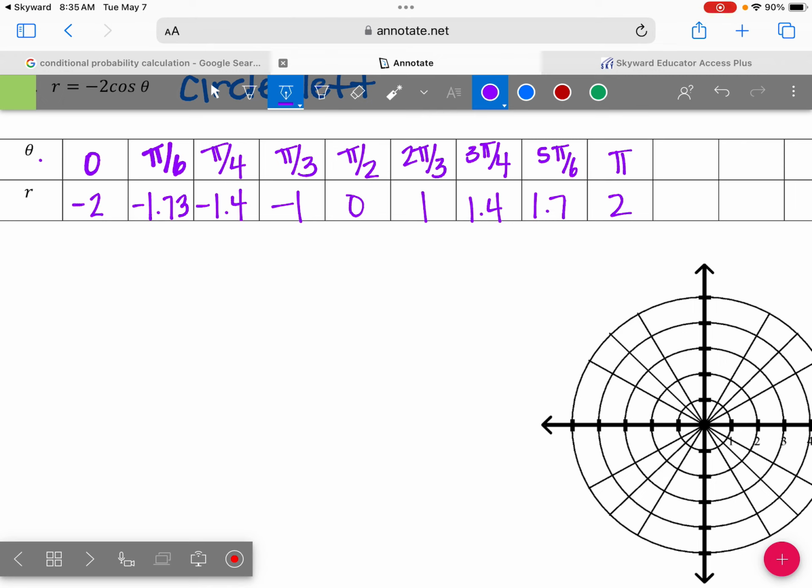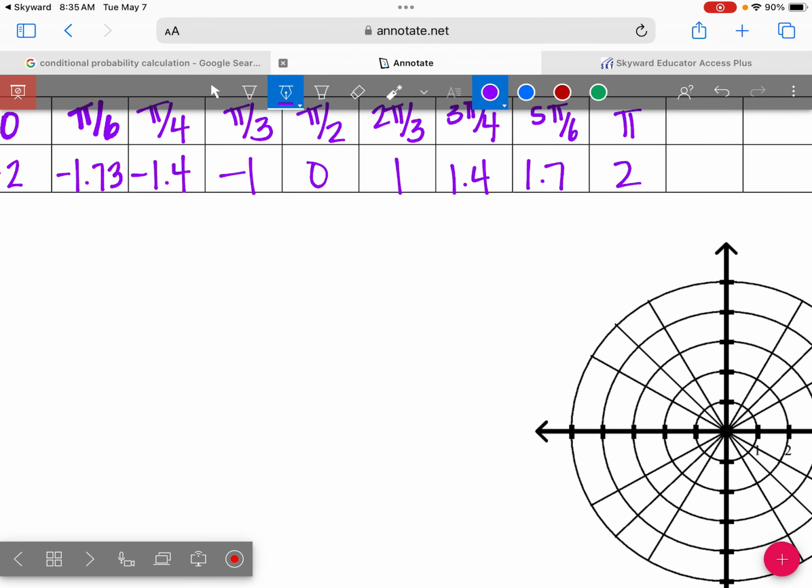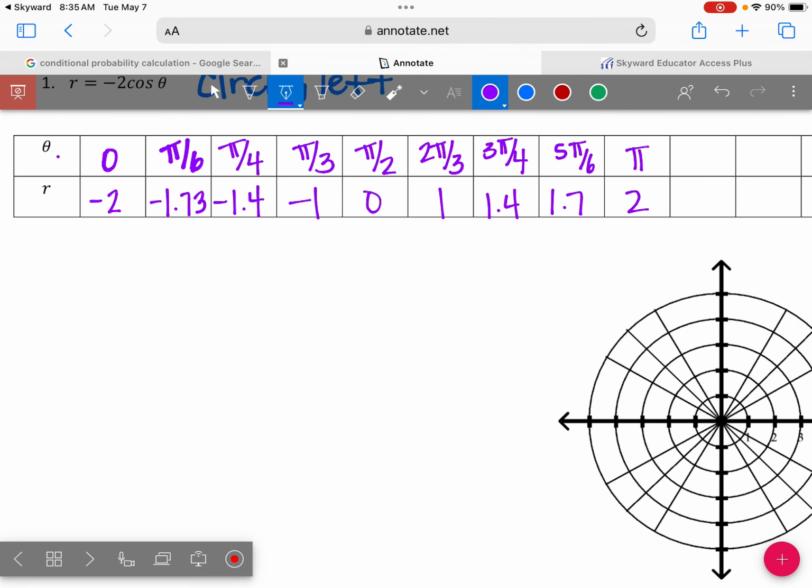For example, I know that this point is the same as this point. 0, -2 is the same thing as pi, 2. All right, so go ahead, take a minute, graph your points, and then we will look at our design. Again, don't worry about perfection. I just want you to get an idea of what it should look like.